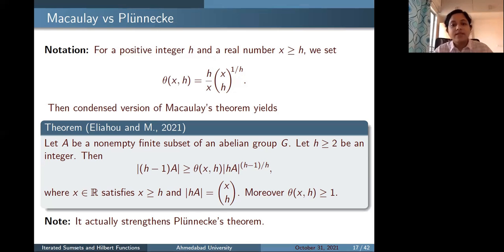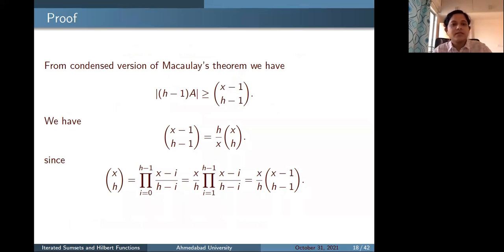Once we have that derivation, this calculation is very easy. We have the cardinality of (h minus 1)A is greater than or equal to binomial of (x minus 1, h minus 1). And this you can easily write down as h by x binomial of x, h. This can be written in this format, which is x by h into binomial of (x minus 1, h minus 1).